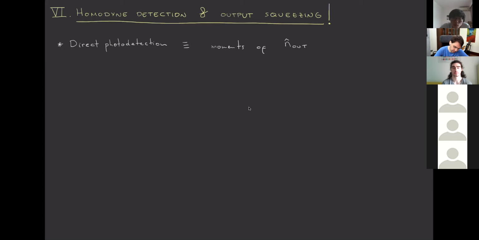Now comes a question, and this is part of why we are doing this chapter today: is it possible, by combining several detectors, and maybe several sources with different properties, to have access to other observables, not only the photon number? So this is one of the questions that we will answer today.